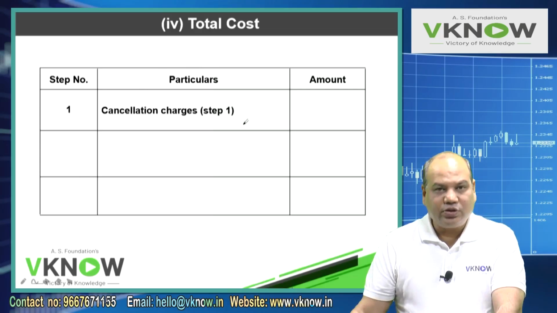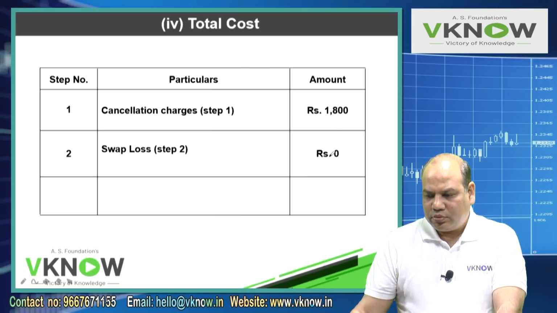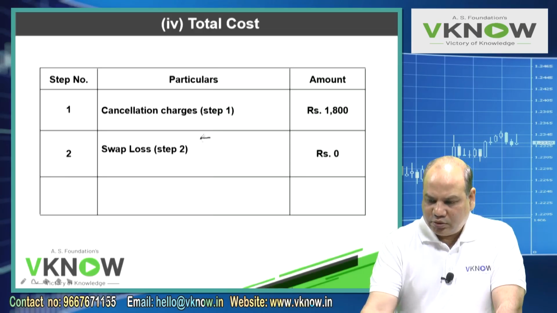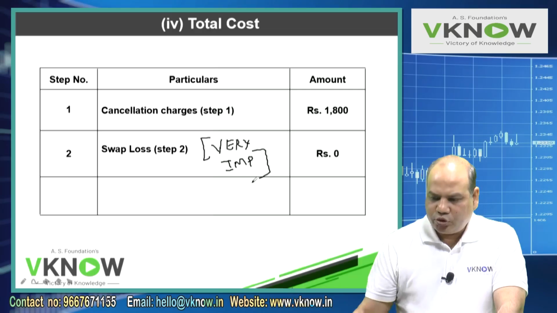First, cancellation charges 1800 rupees. Swap loss: read the note, it's written 0. Be very careful here. There is a swap gain in the given question, so you will write 0. Don't pass on the gain.